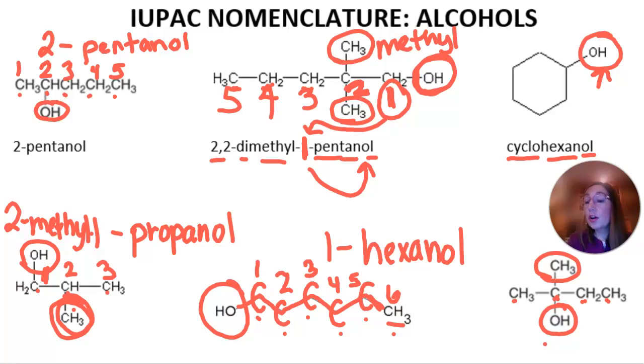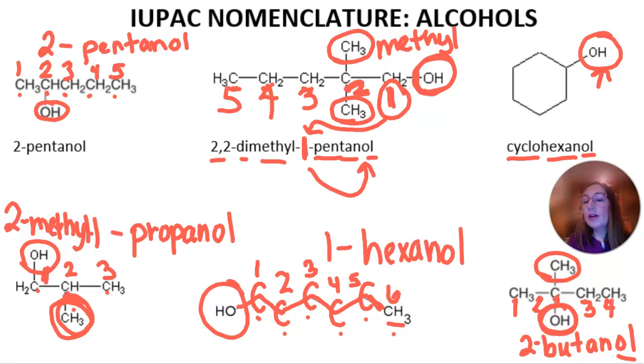So 4 carbons is going to be but, but it's not butane anymore. It's butanol. Take off the E and put the OL ending because we caught that there was an alcohol on that second carbon. Making the alcohol on carbon 2 is going to be way better than having the alcohol on carbon 3 if we numbered from the other direction. So let's keep the alcohol on carbon 2, 2-butanol.